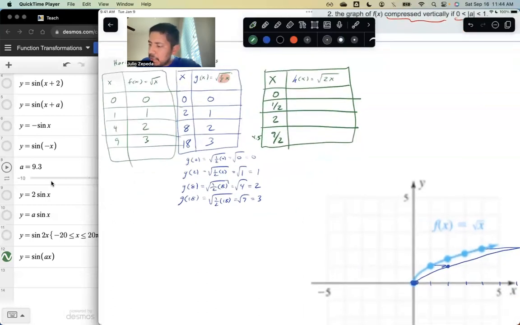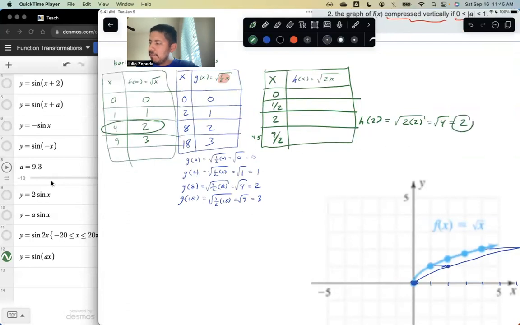And so just something to notice really quickly, I'm going to do h of 2 first. Notice if I use the x value of 2, I get the square root of 2 times 2. I double the x and get 4. The square root of 4 is 2.